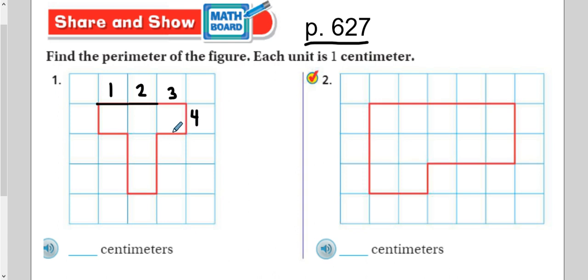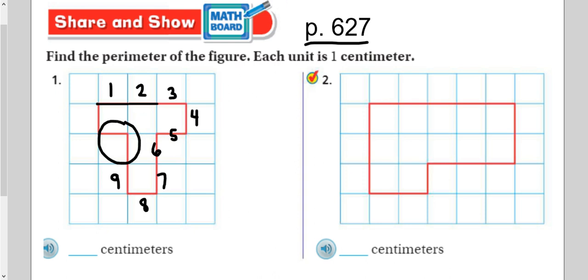So this right here is 5. And then we're going to go down and get this one here that is 6. And now we're at 7 and 8, 9. And again, we've got to be careful in this area right here.